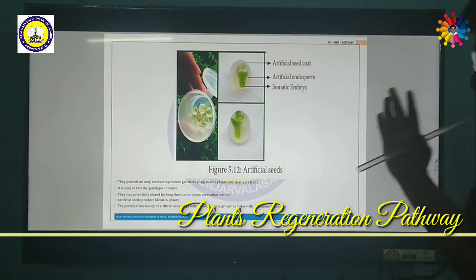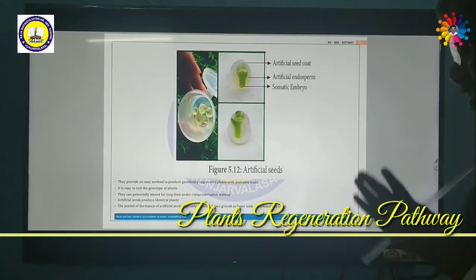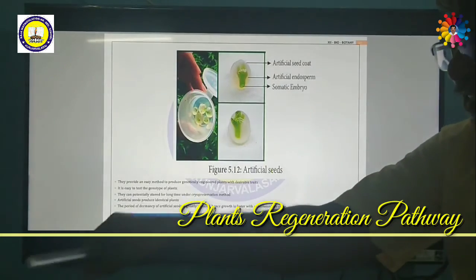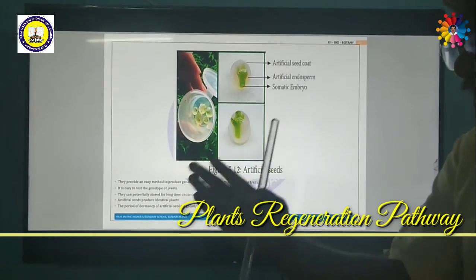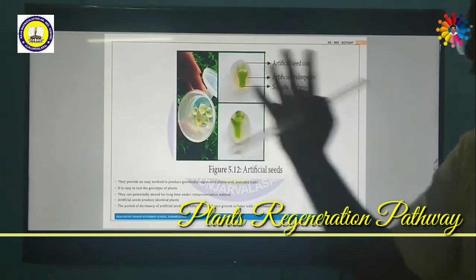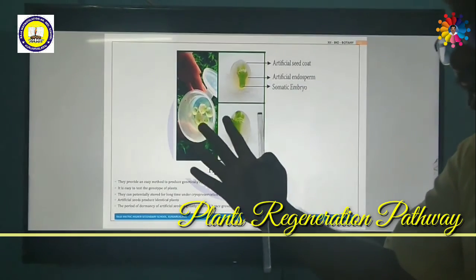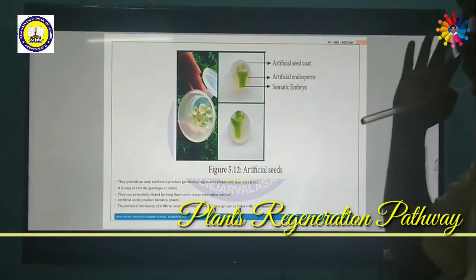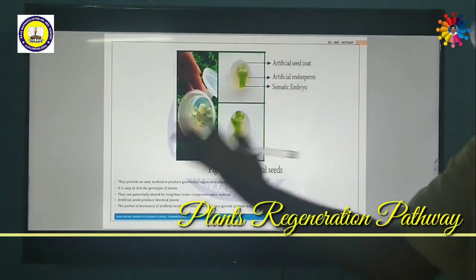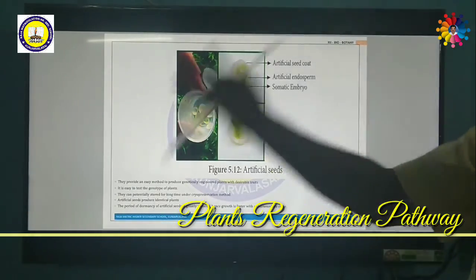The period of dormancy of artificial seed is greatly reduced. What is dormancy? Dormancy is a sleeping condition of seed. Suppose you plant a seed inside the soil; if it produces a sapling, a small plant, it is viable. Sometimes they might not be viable. Even after 3 days, 1 week, 1 month, or even 1 year, they might not germinate.